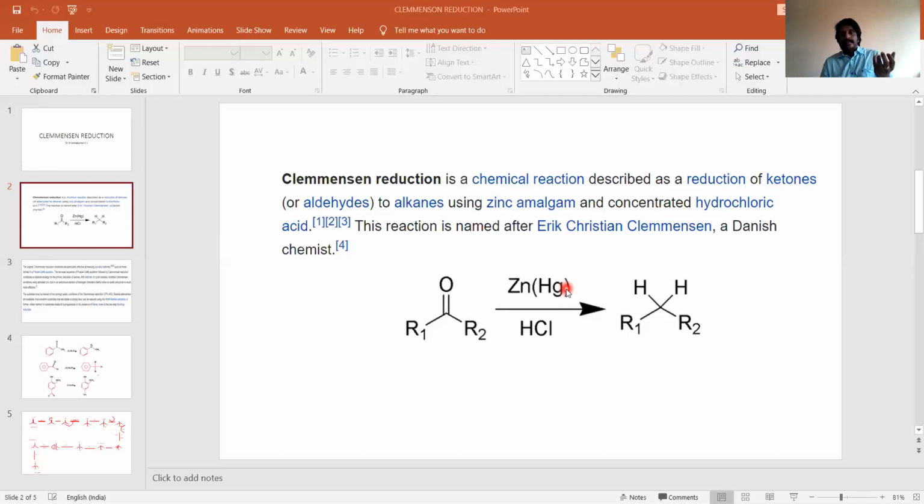So this amalgam, or mercury, makes zinc more activated, more available, evenly distributed, because the reaction happens on the surface of zinc. That you have to understand. So now I have explained the purpose of the different reagents. We will move into the other details of Clemmensen reduction.